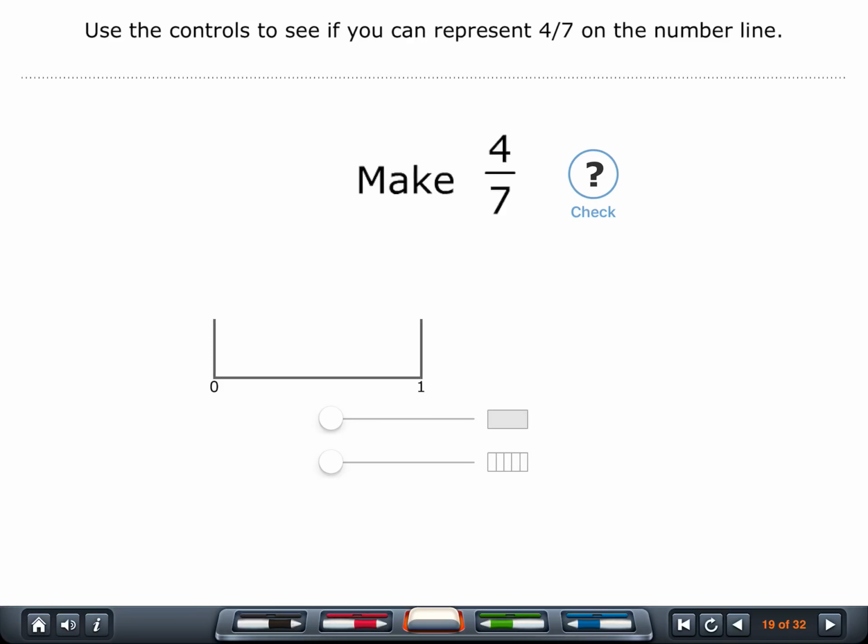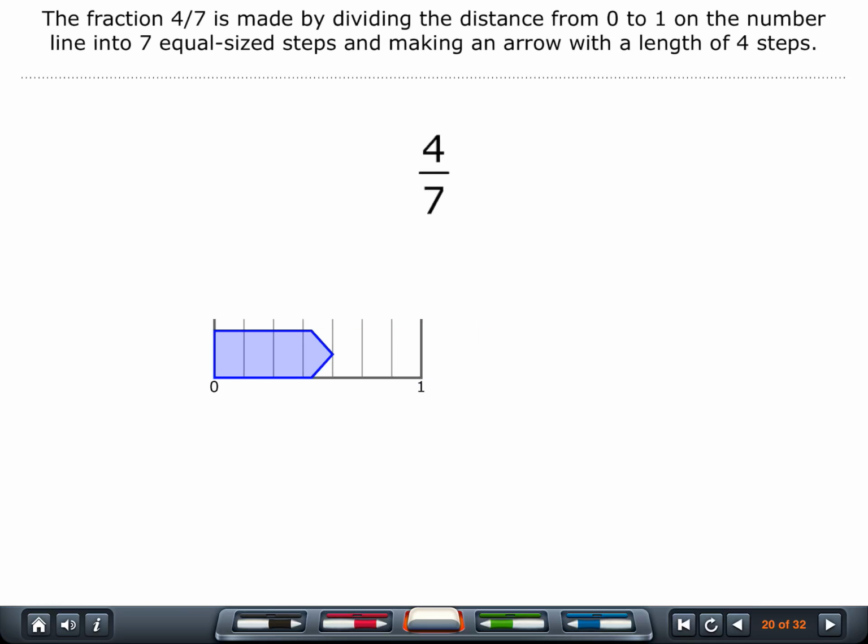Use the controls to see if you can represent 4/7 on the number line. The fraction 4 over 7 is made by dividing the distance from 0 to 1 on the number line into 7 equal-sized steps and making an arrow with a length of 4 steps.